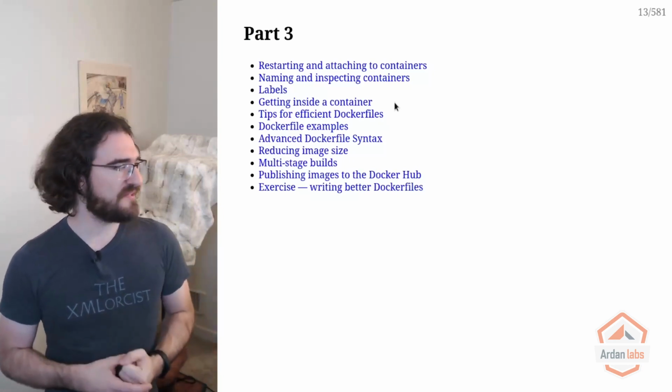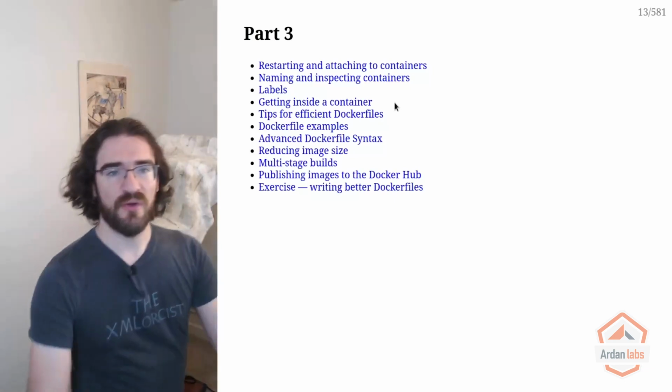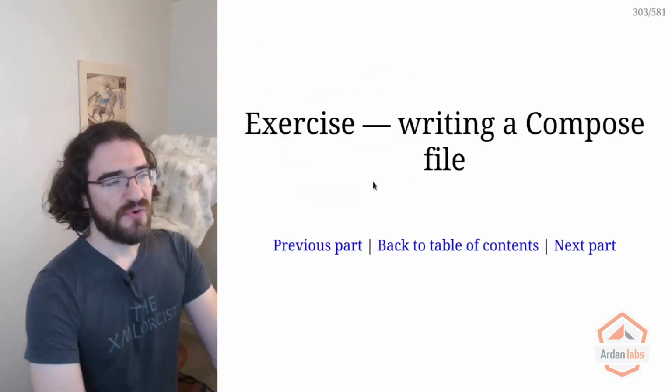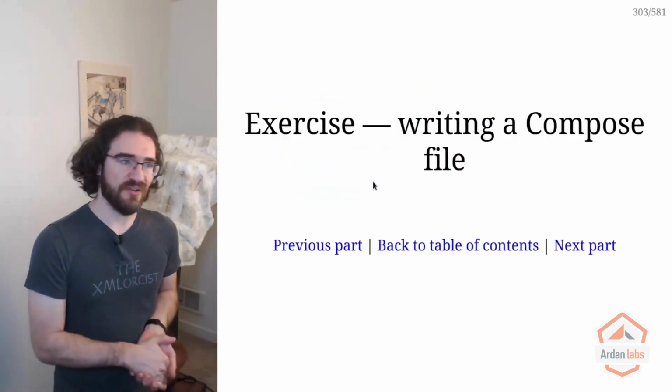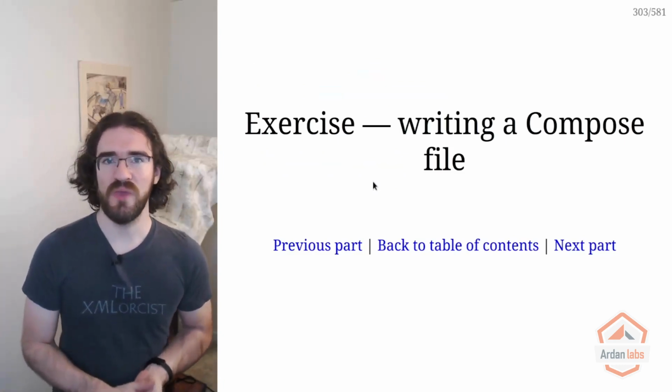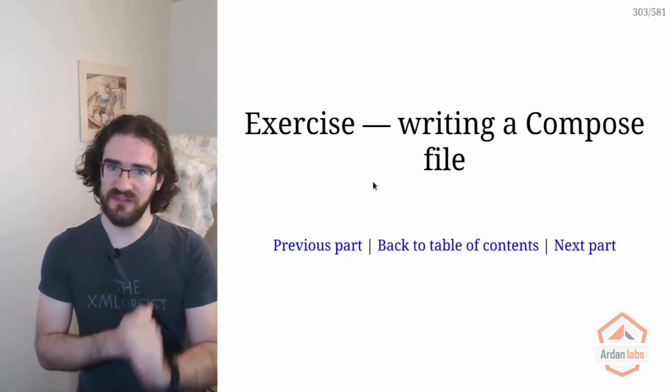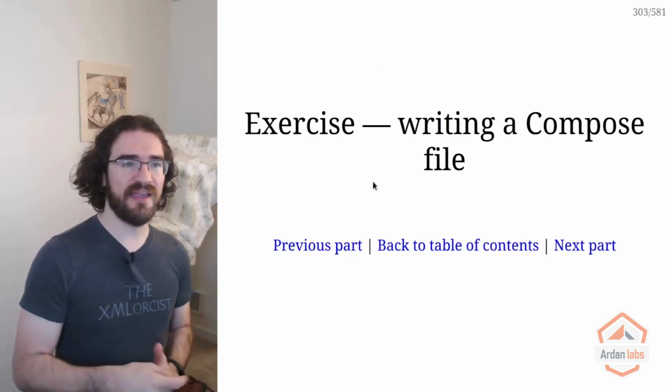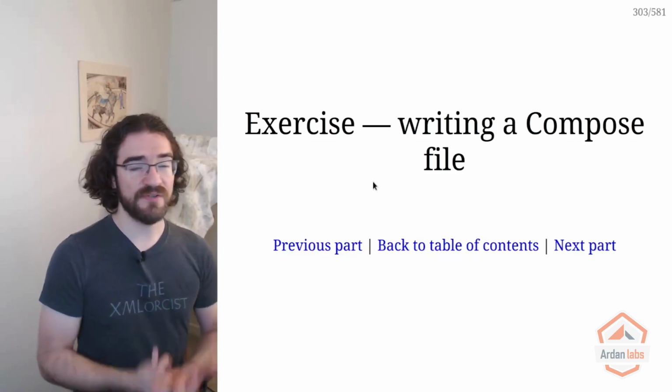All right, and so we're going to start with compose files. So, previously in Docker training, we wrote Dockerfiles for the Wordsmith application. We had a web frontend in Go, we had an API backend in Java, we had a Postgres database.